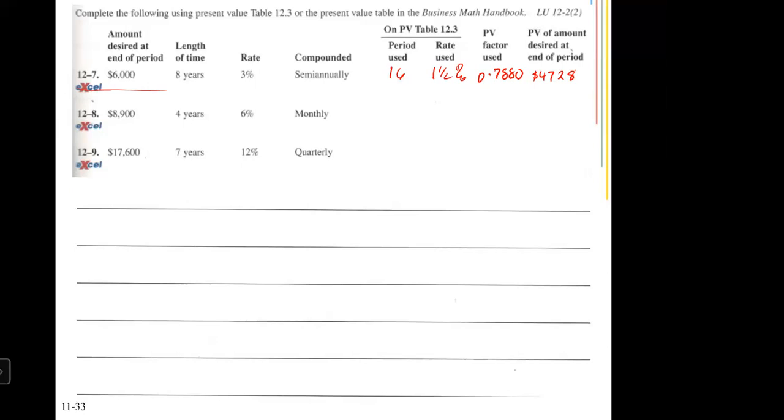All right, so let's try the formula with this. The present value is equal to A over 1 plus I to the nth power. So the amount we're trying to get is 6,000.